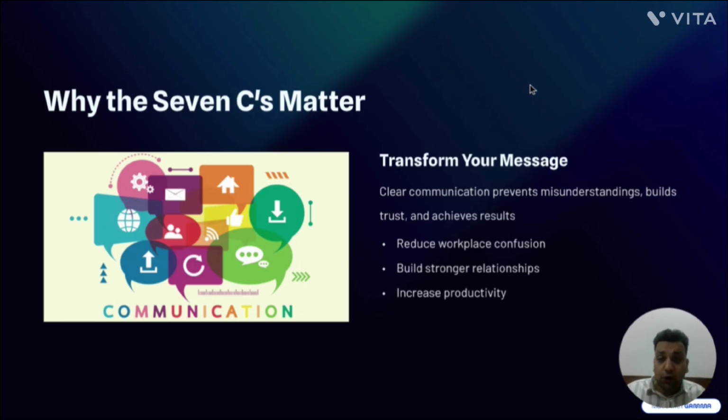So in order to avoid a situation of misunderstanding, we always need to remember these 7 C's to boost our productivity. So let's get started and let's see all the 7 C's one by one.